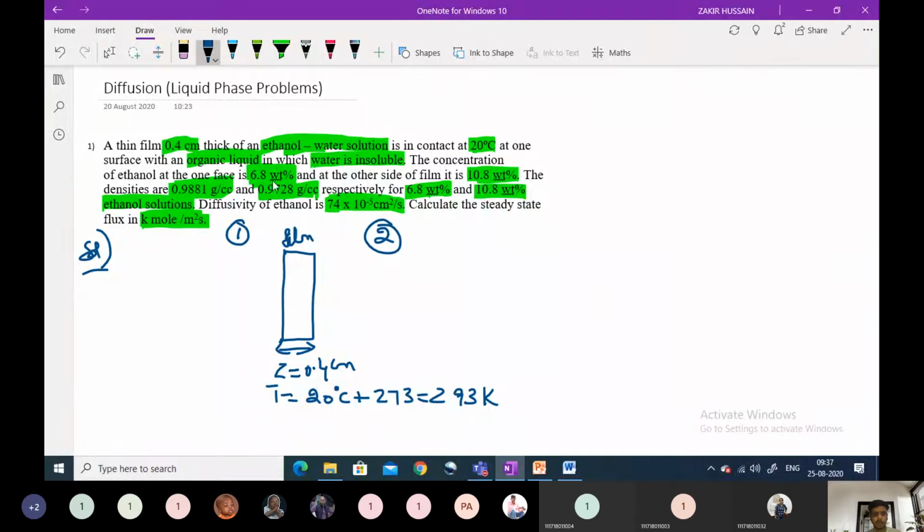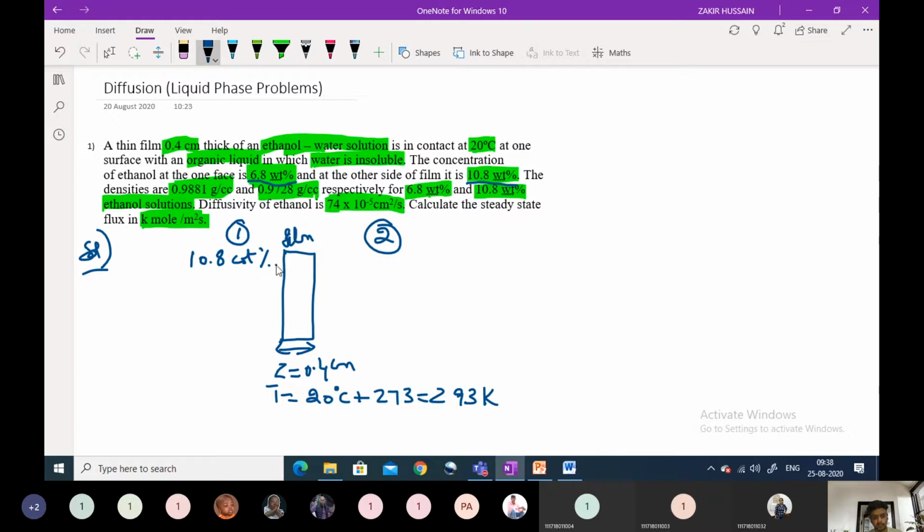We already know mass transfer takes place from higher concentration region to lower concentration region. So we can take 10.8 weight percentage as our first phase, where the weight percentage of ethanol is 10.8 percent.